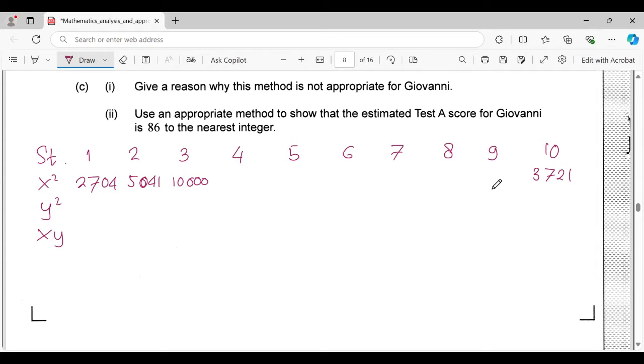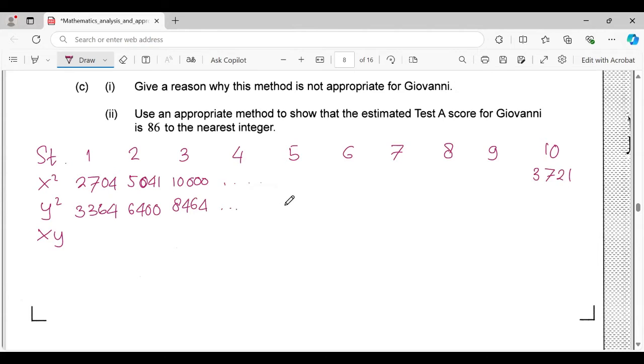That is X squared. So you can complete this. How about Y squared? Y squared, 58 times 58, 3,364. 80 times 80, 6,400. 92 times 92, 8,464.